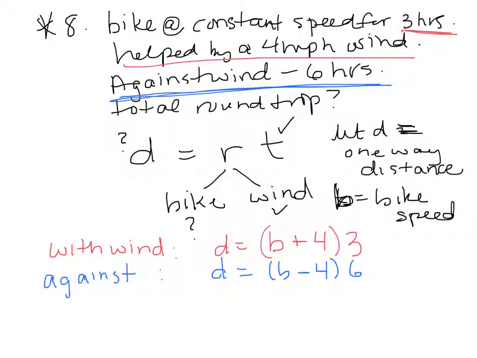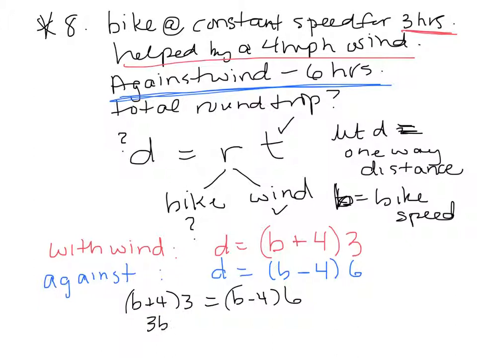So if D equals one thing and D equals another thing, we can conclude that these two things must be equal. So we set up an equation. This is essentially solving a system by substitution. We're substituting for D in one of the equations.